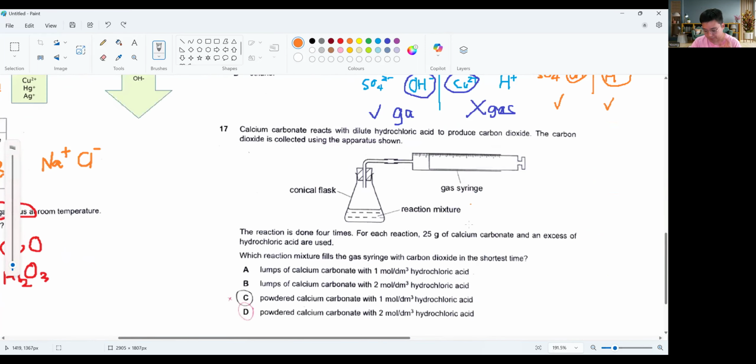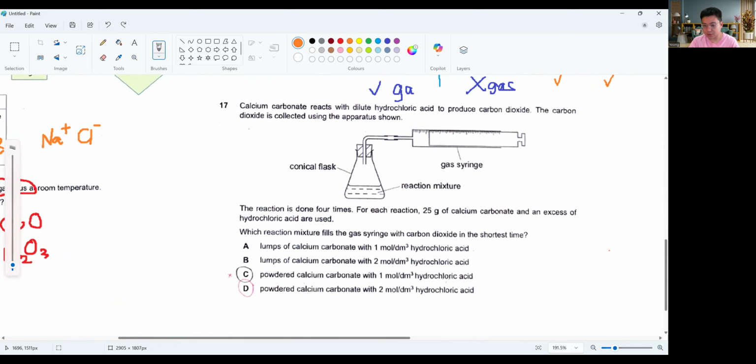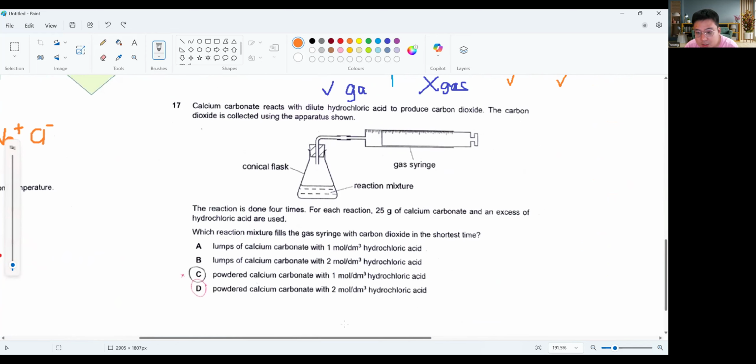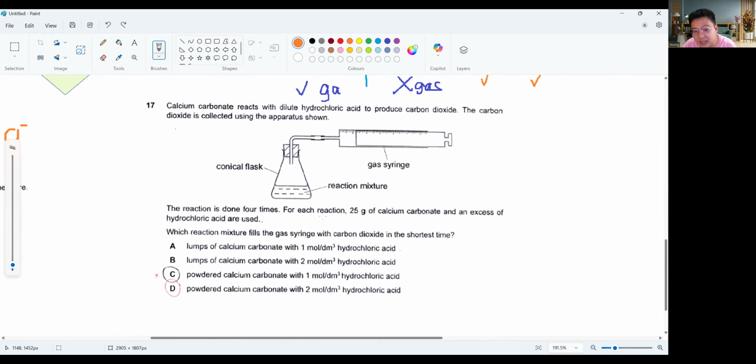Next question here. Calcium carbonate reacts with dilute hydrochloric acid to produce carbon dioxide.